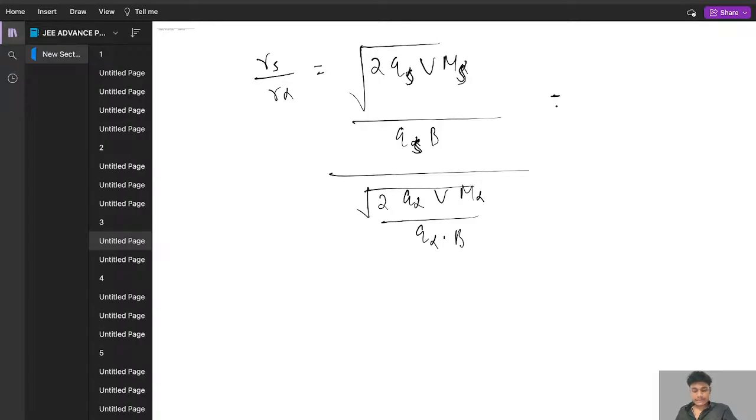On solving this, we get root of ms into qs into q alpha upon m alpha.